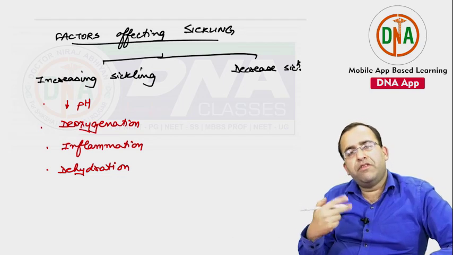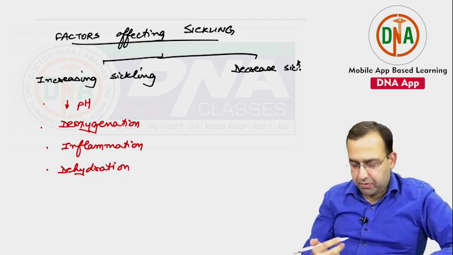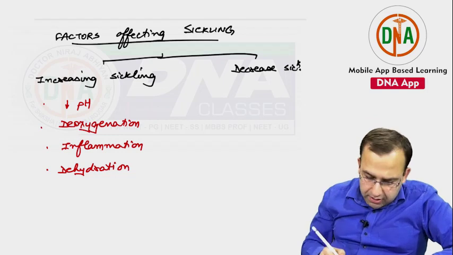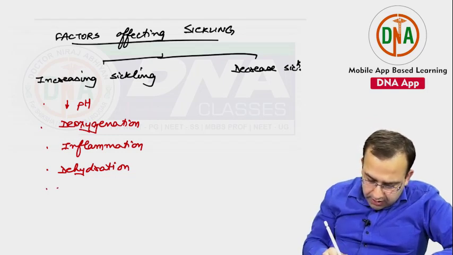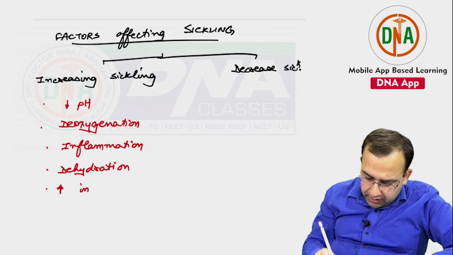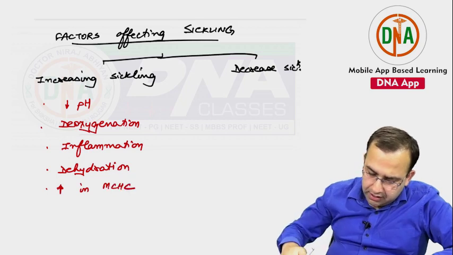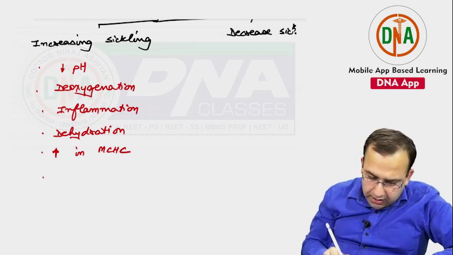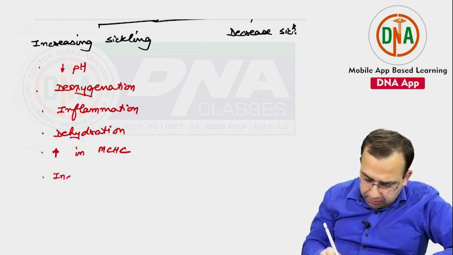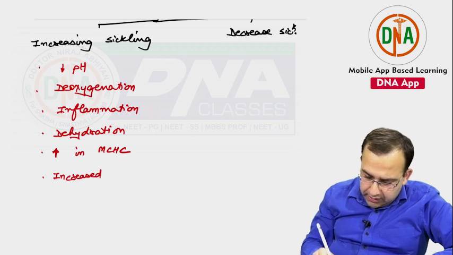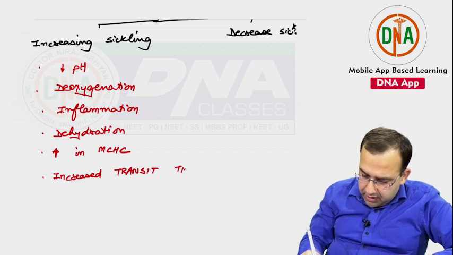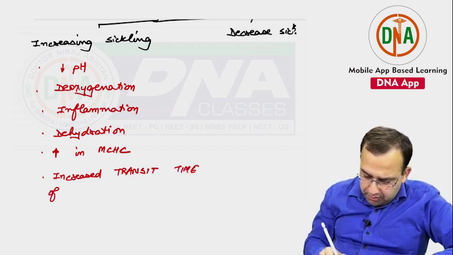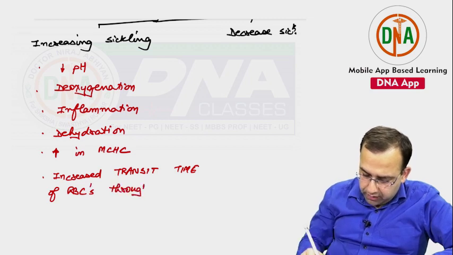Remember, this was the first thing that we saw in basic concepts of RBCs. MCHC is increased. Mean cell hemoglobin concentration, increased MCHC, and increased transit time of RBCs through microcirculation.